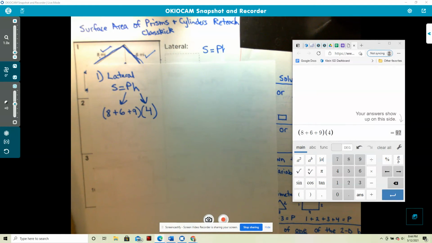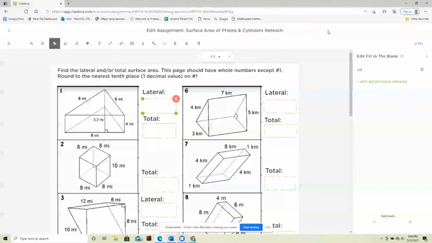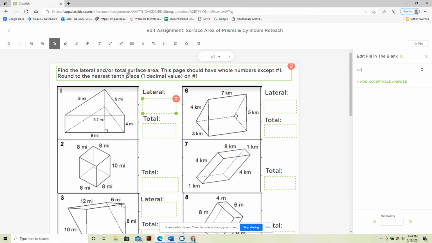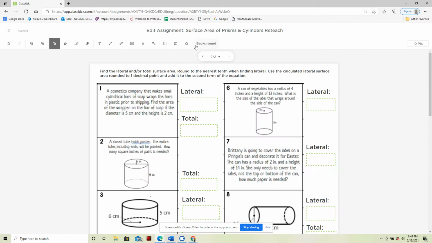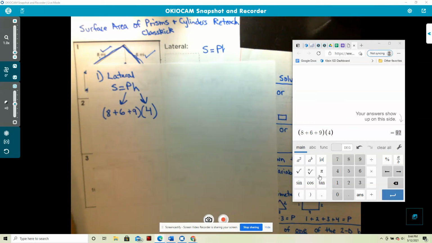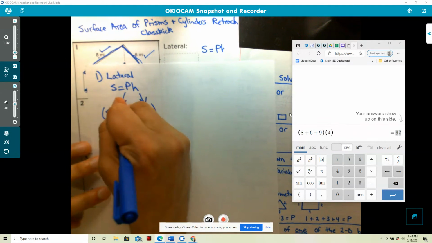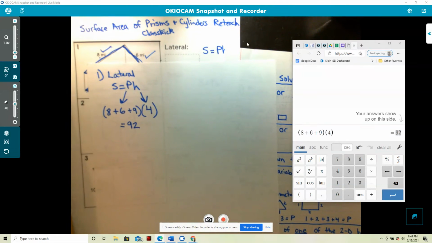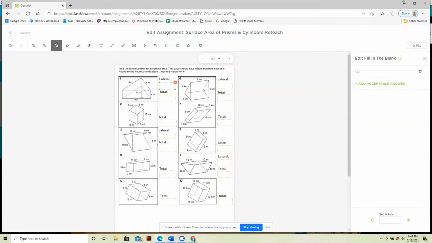So notice on this ClassKick too, it says find the lateral and or total surface area. The page should have whole numbers. But on the second page, which I'll get to a little later, let me just start with this. All right, so that's equal to 92.